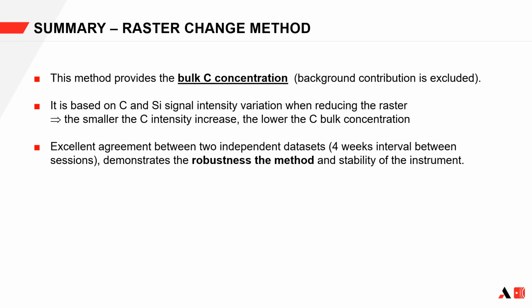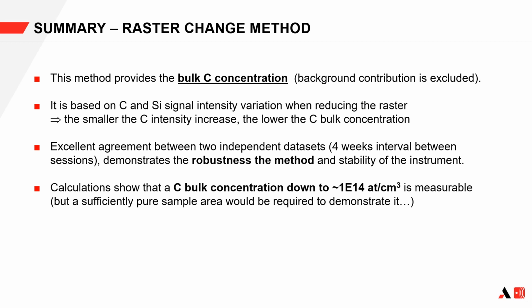Excellent agreement between two independent data sets, even with a 4 weeks interval between sessions. This demonstrates the robustness of this method and the stability of the instrument. Theoretical calculations show that we could measure a carbon bulk concentration down to 1e14 atoms per cubic centimeter. In order to measure this level, a sufficiently pure sample is required.